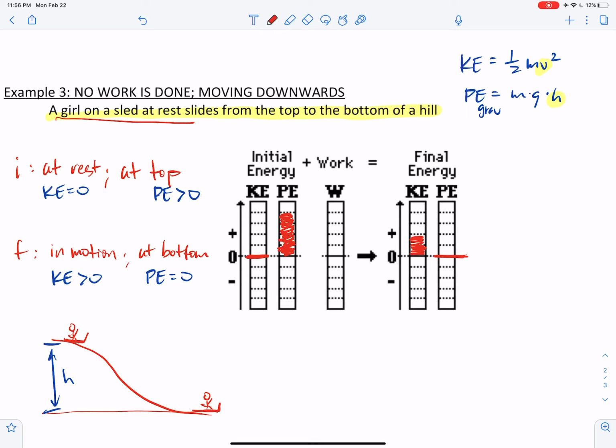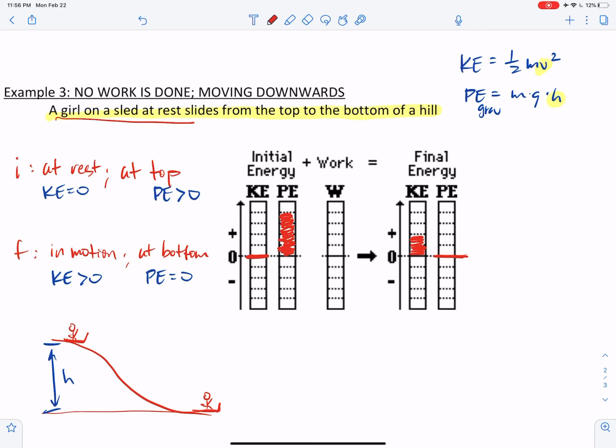Now, let's think about this for a second. In this situation, if she's sliding from the top of the hill to the bottom of the hill, it's always useful to identify whether there is friction or air resistance happening. And this problem is not clear, okay?